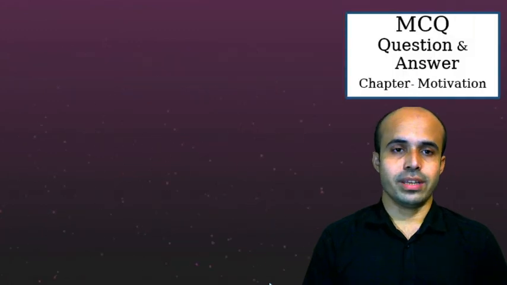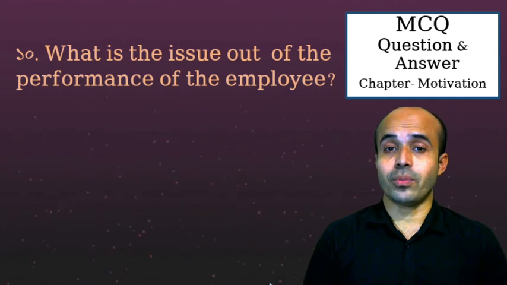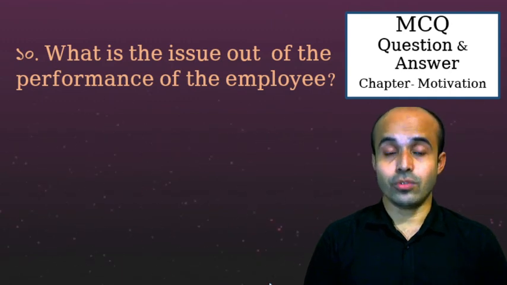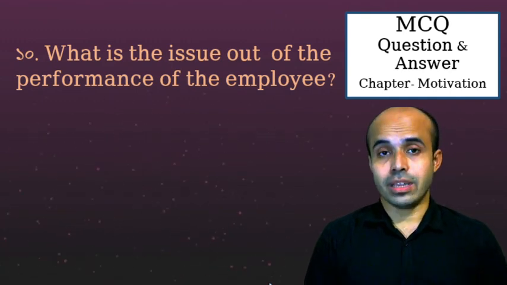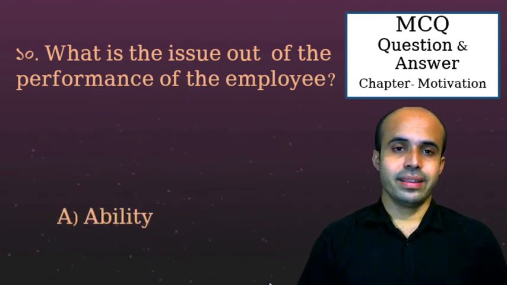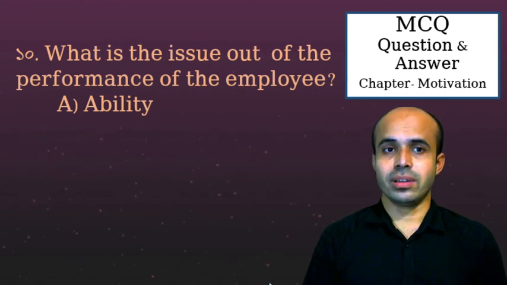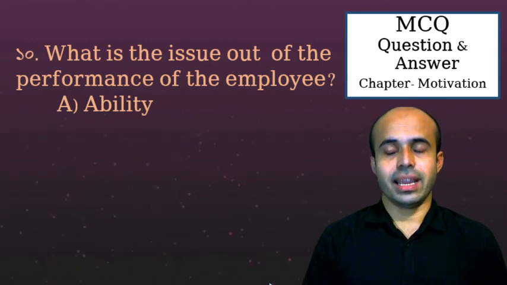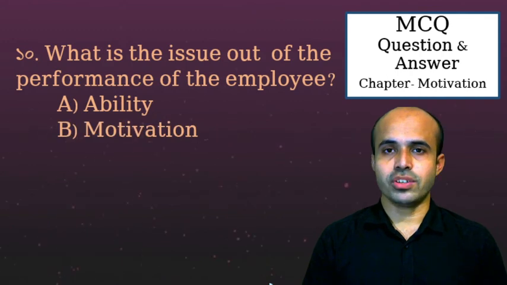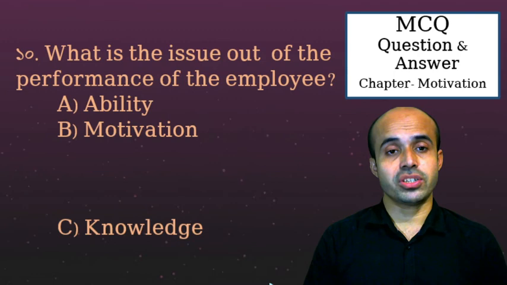Now coming to the next question. What is the issue out of the performance of employees? Number 1, ability. No, it is must needed for performing any activity. Motivation is also must needed to perform any activity of the organization.